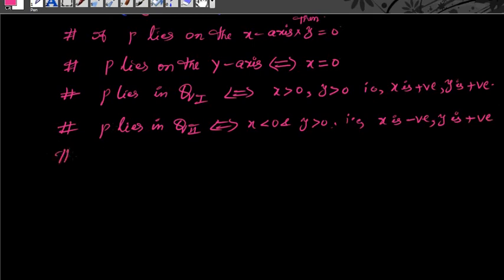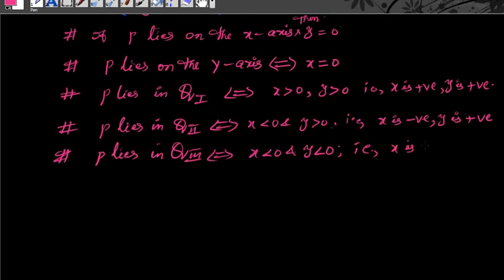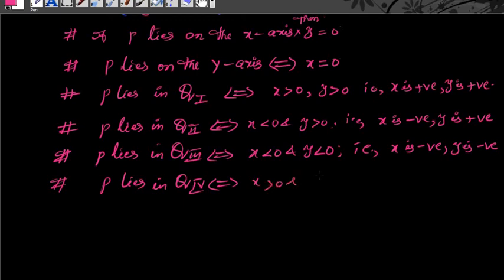In the same way, if P lies in quadrant 3, then x is negative and y is also negative. If P lies in the fourth quadrant, then x is positive and y is negative.